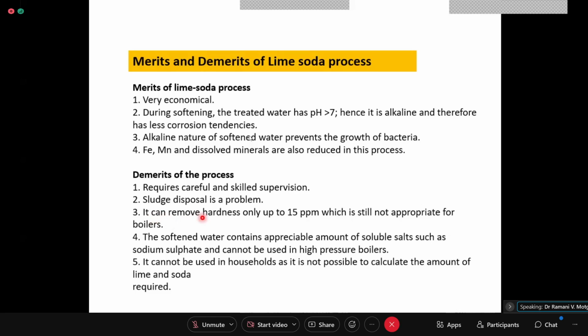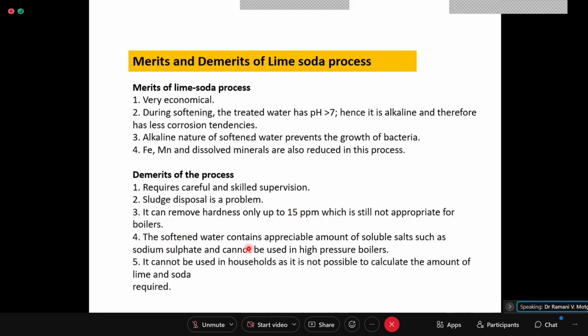The residual hardness: it can remove hardness only up to 15%, even if it is hot lime soda process. If it is cold lime soda process, around 50 ppm remains, which is still not appropriate for a low pressure or high pressure boiler. This quantity is also not desirable.